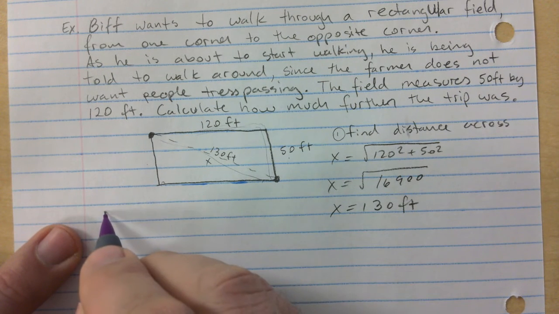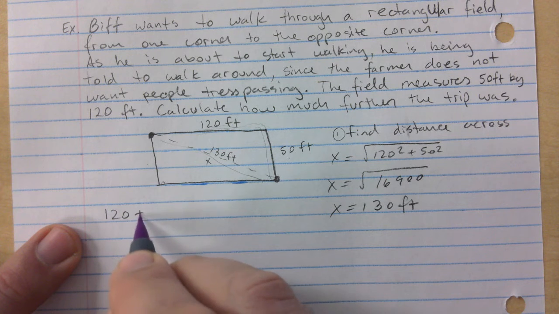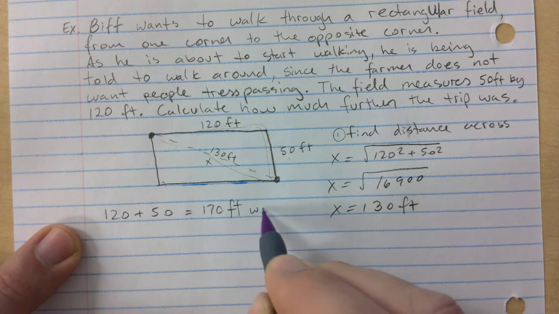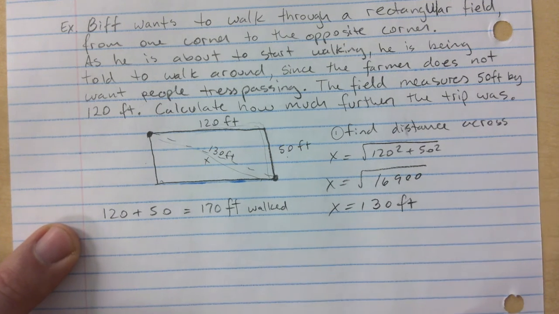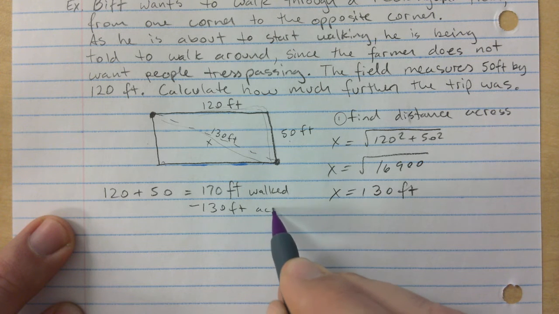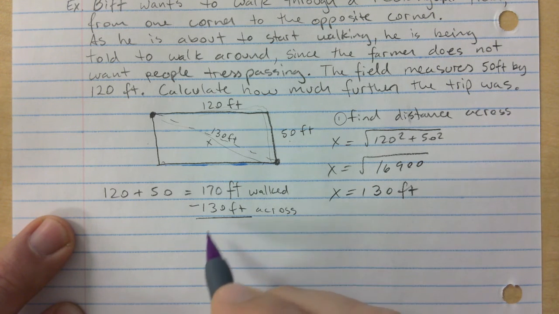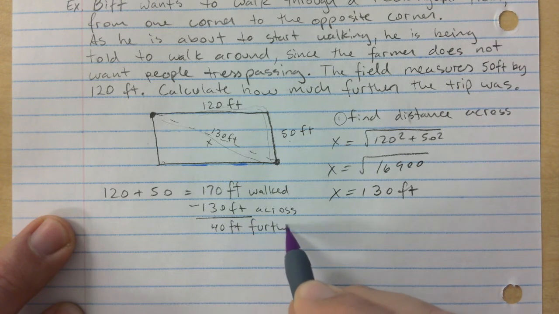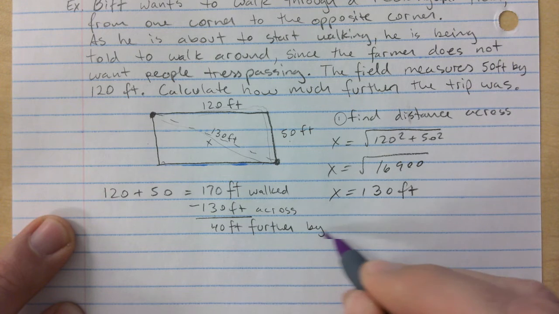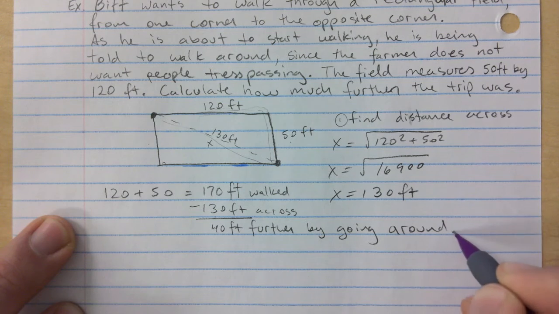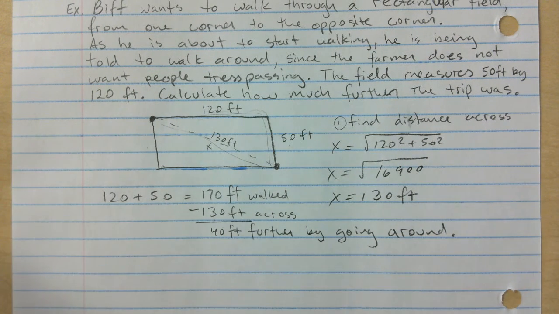So we'll go 120 plus 50 is 170 feet walked, minus 130 feet across, and that is 40 feet further by going around. So there you have a rectangle meeting a triangle, okay?